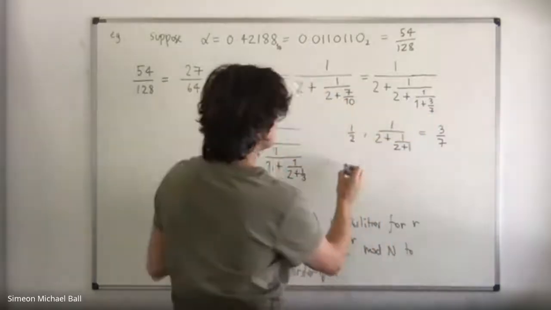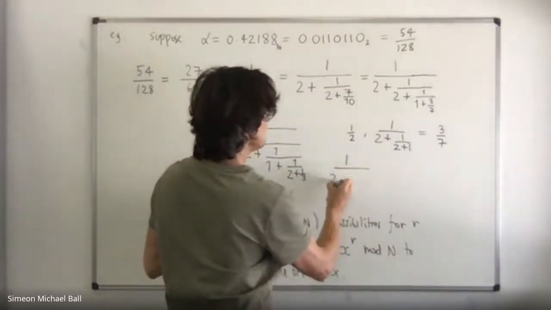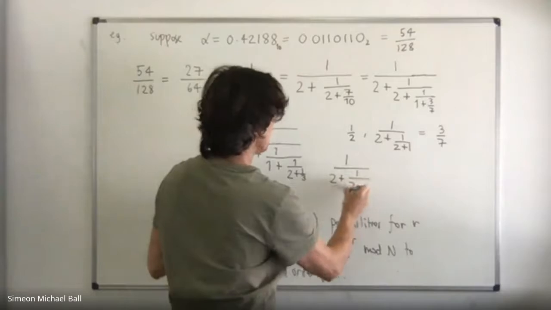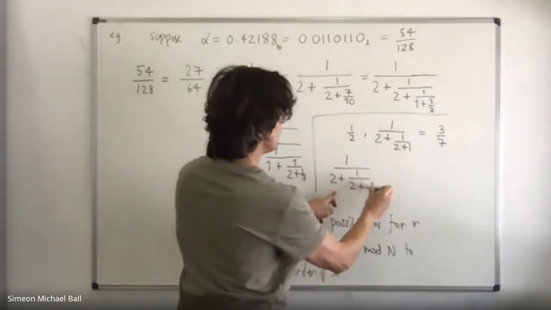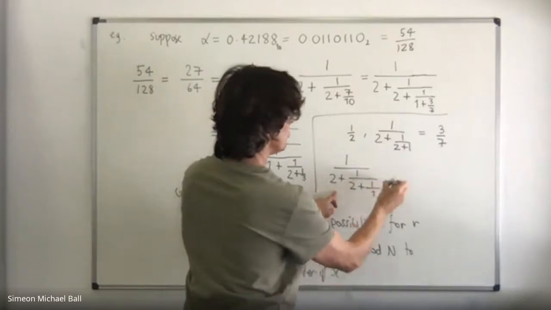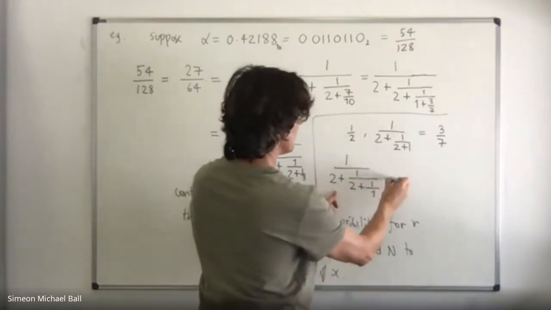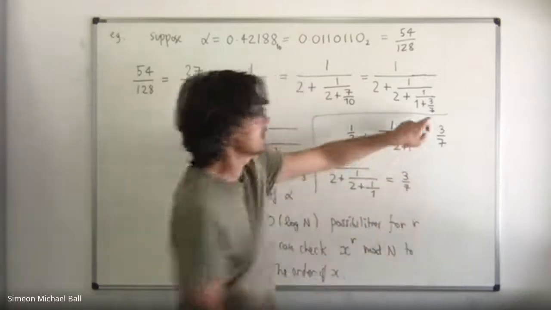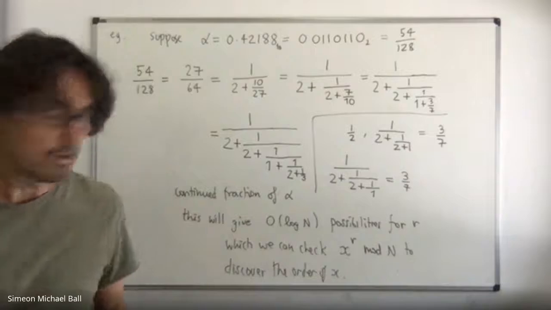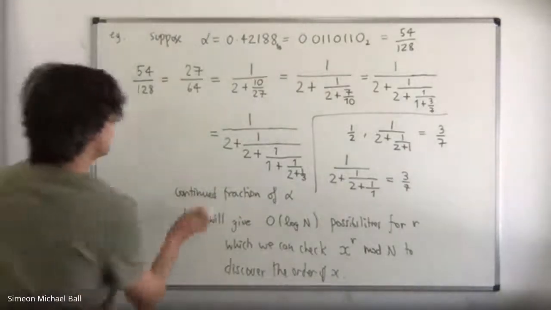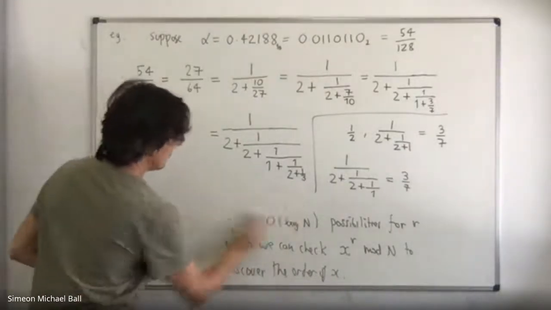Here I get 1 divided by 2 plus 1 divided by 2 plus 1 divided by 1, which is the same as that one, so that's also 3 thirds, because with 3 thirds I approximate to 0. And this final one is 1/3.